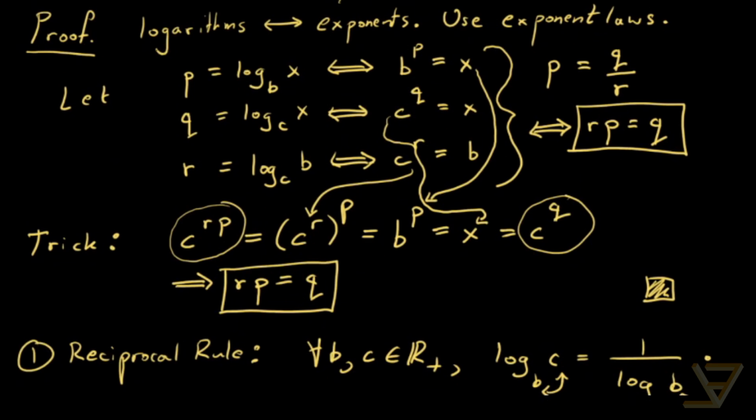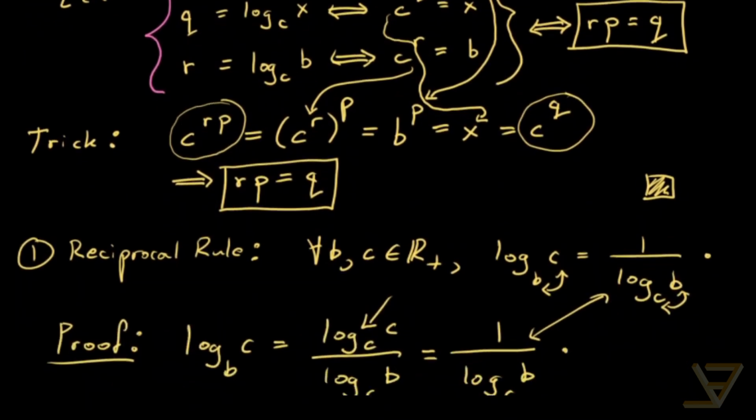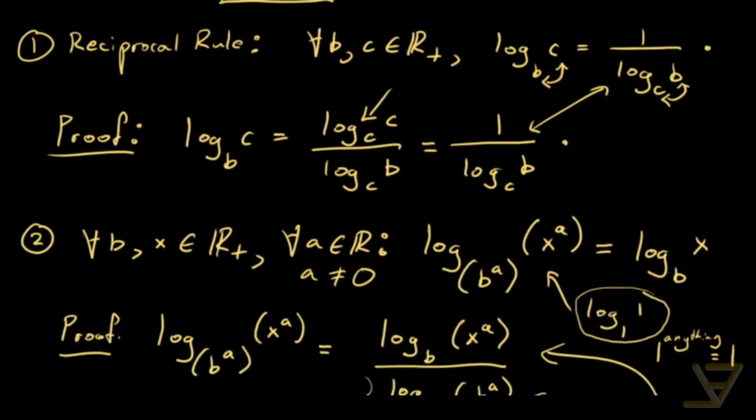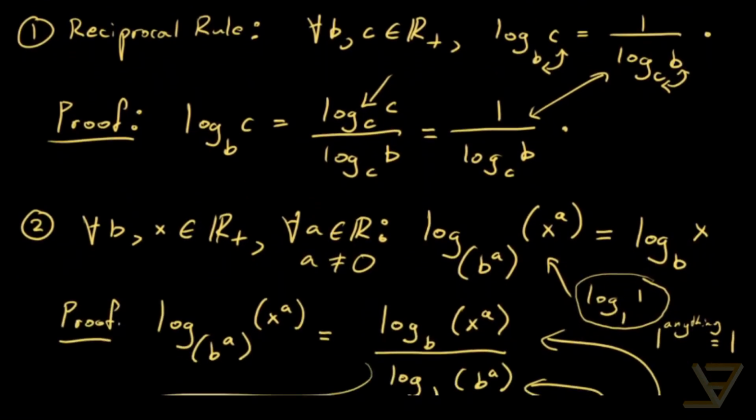Then we proved it by changing all the logarithmic expressions into exponential expressions. And then we ended by proving three identities using the change of base identity, including the reciprocal rule, which is this one over here.